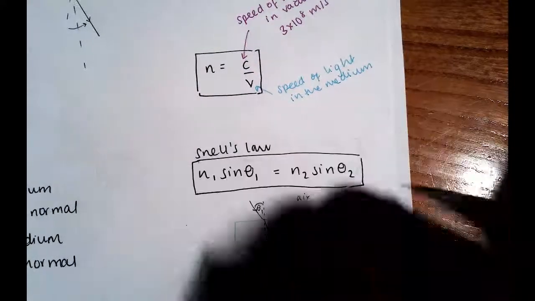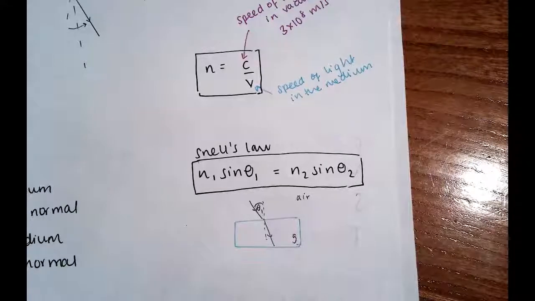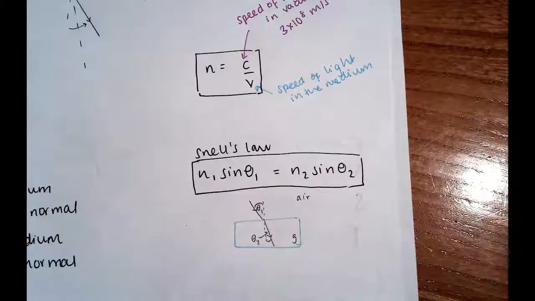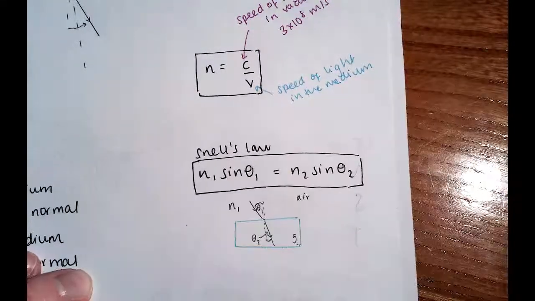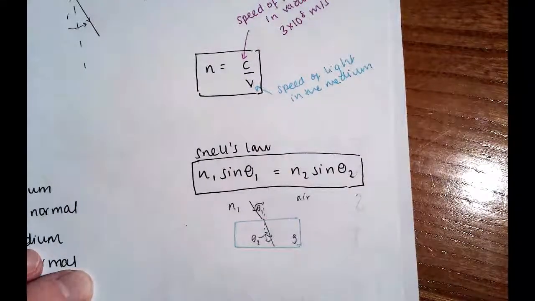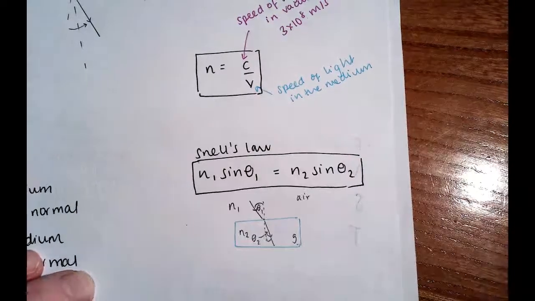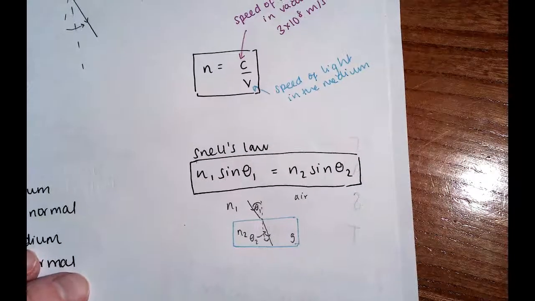I've got a theta 1, which is my angle of incidence, and I've got my theta 2, which is my angle of refraction. Okay. N1 is the refractive index of air. N2 is the refractive index of glass.